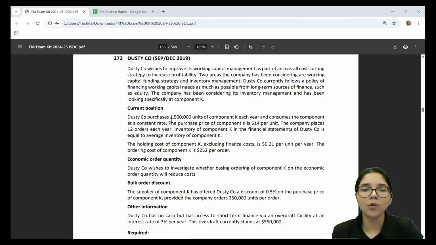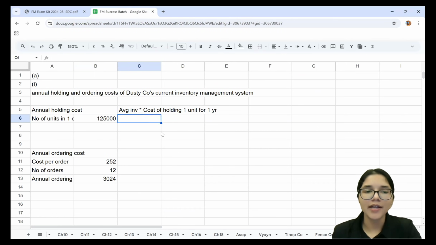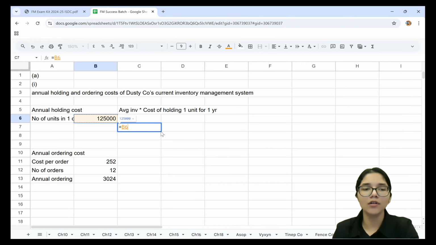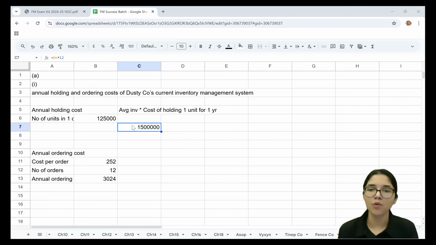So if this is the total number of units and this is the number of times that I place an order, dividing 1.5 million by 12 tells me how many units they are ordering in one go. You can double check your workings also. If I place an order for these many units 12 times, I will have exactly 1.5 million units at the end of the year. This is what I wanted. This is how you can back check also.